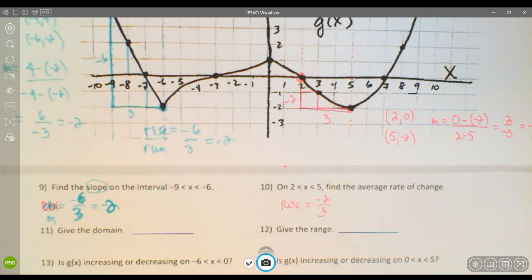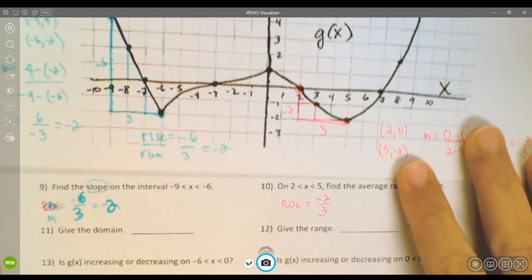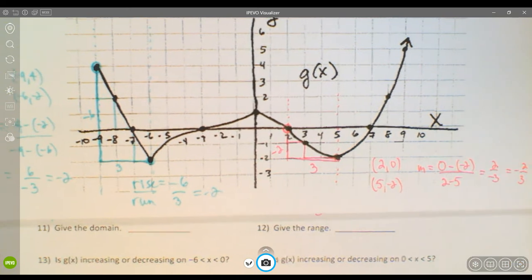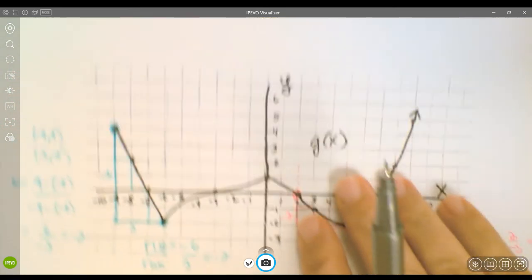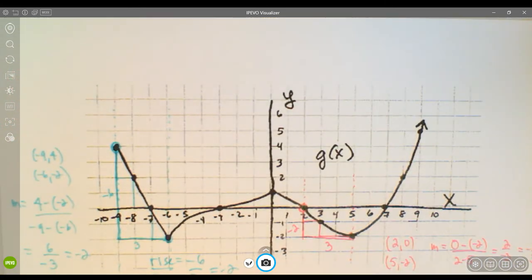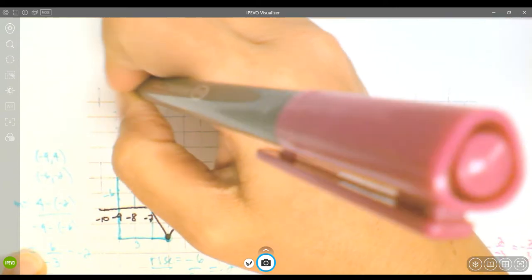Now I'm asked to find the domain and the range. Remember, the domain is how far to the left does it go versus how far to the right does it go. So let's look at our graph here. Domain. How far to the left does this thing go?